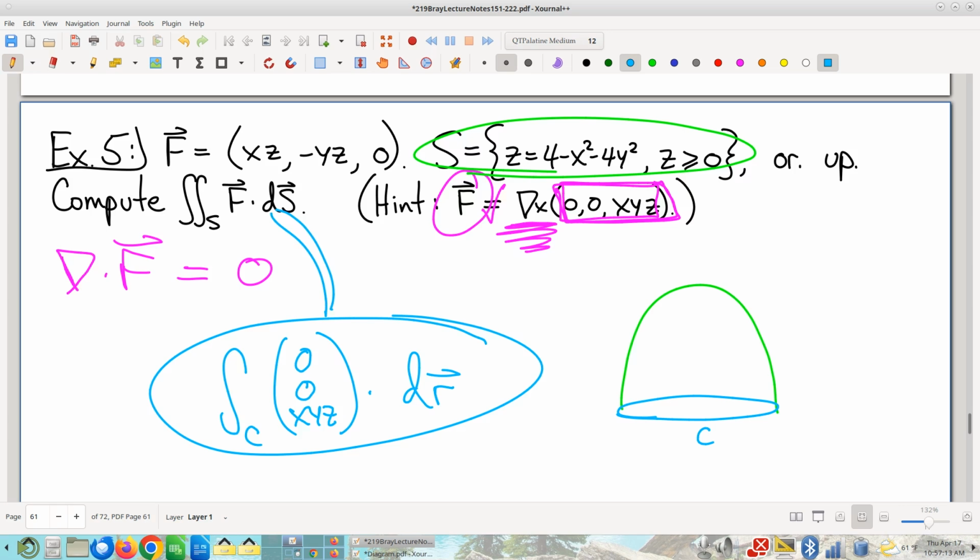Now the question again always arises, is this helpful? Is this a good thing? Actually, it's a really good thing because, check it out, our dr vector here, as I move along that curve, that dr vector is always horizontal. So that dr vector, in other words, dx, dy, dz, well, it's horizontal, so that dz is 0.